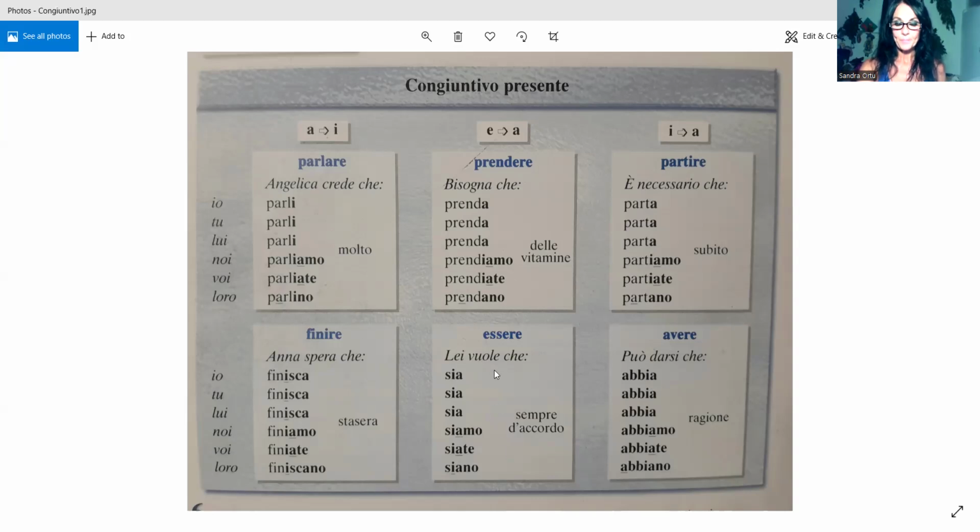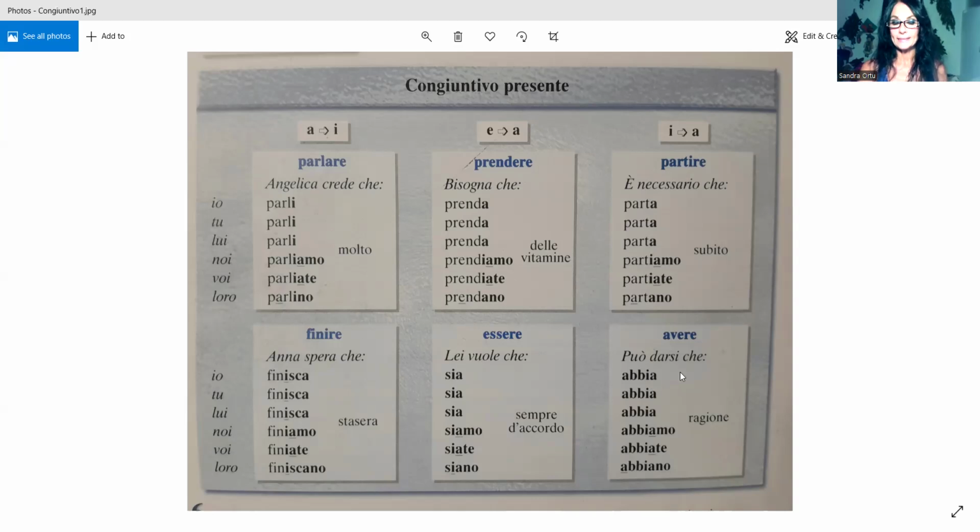For essere, sia, for the first three persons, siamo, like the present tense of noi, siate, siano. So you have to be careful where the stress goes in the word. For avere, we have abbia, for the first three persons, singular, abbiamo, abbiate, abbiano. Again, be careful with the stress. It does change a little bit.